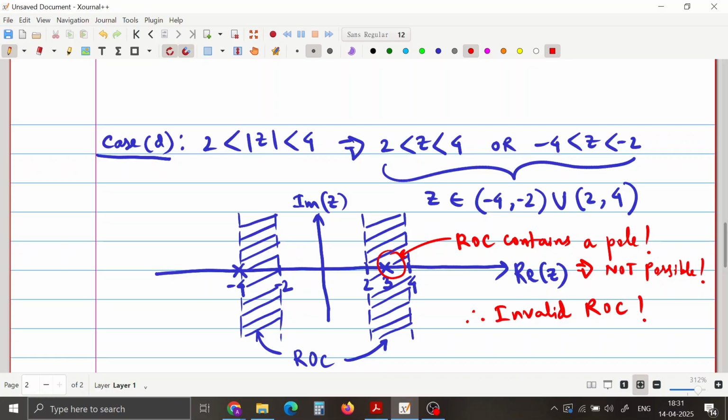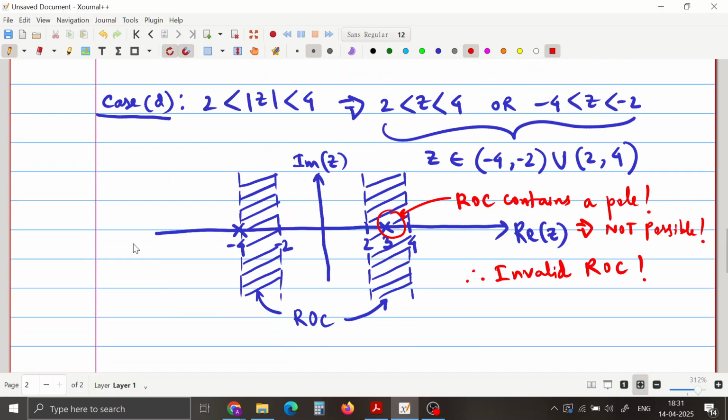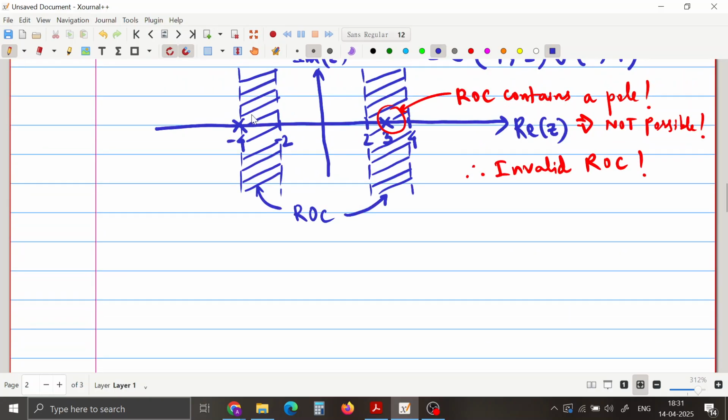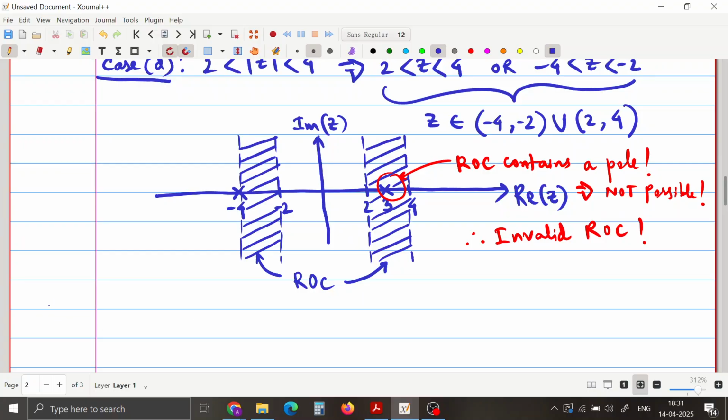This particular option which says mod z lying between +2 and +4 is an invalid region of convergence because it includes a pole, which is not possible. Okay, so we can say that the correct answer is option D, right?